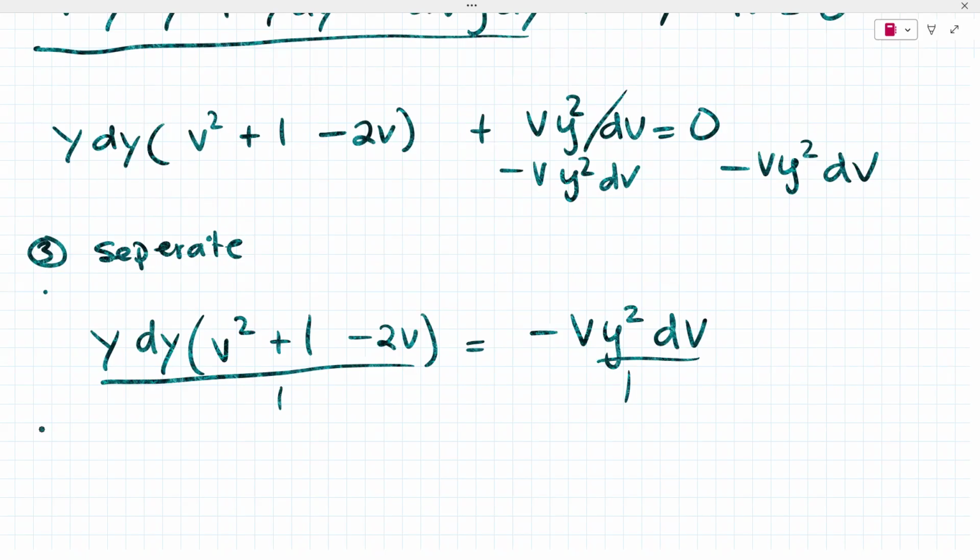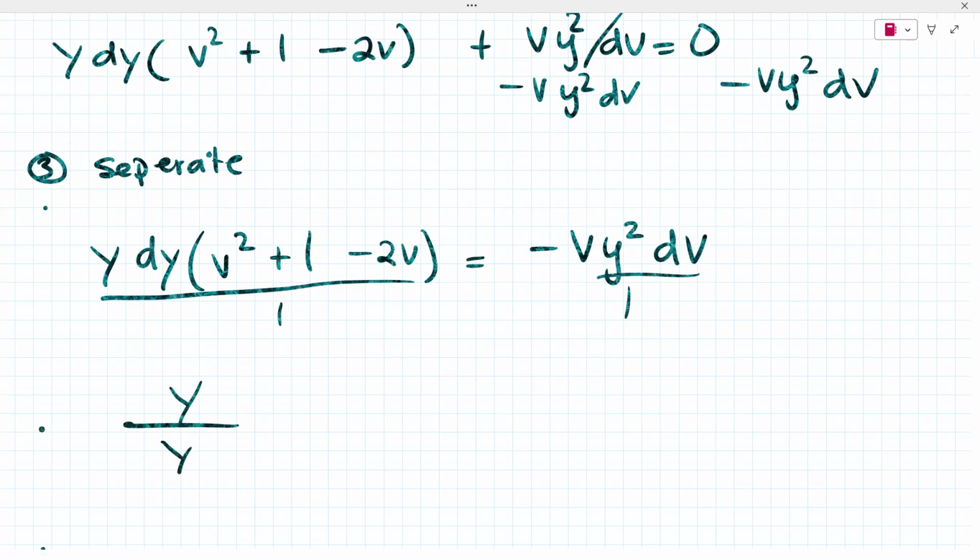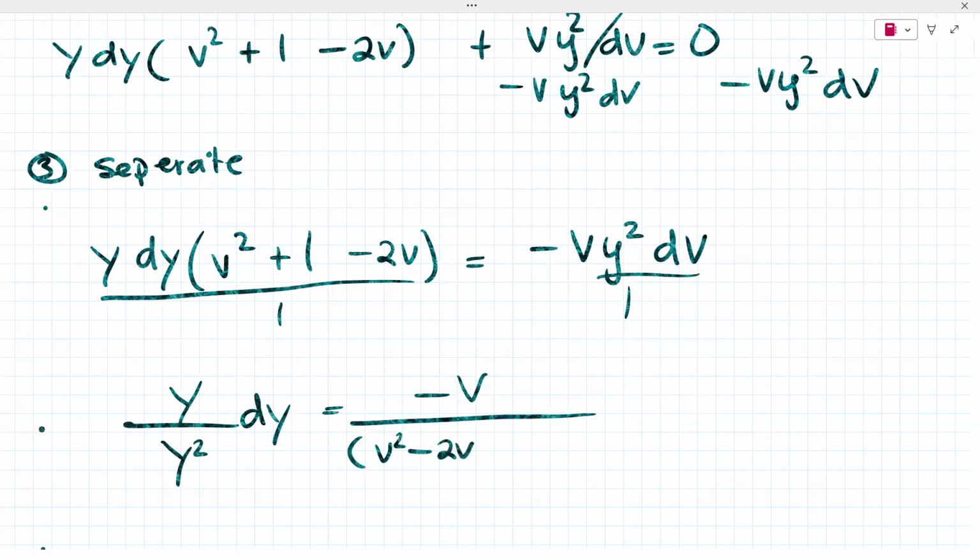That will give you y over y squared dy equals negative v over v squared minus 2v plus 1 dv.